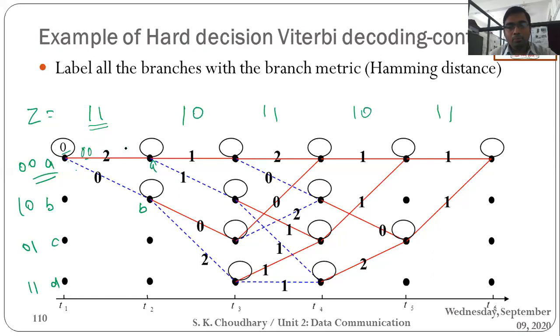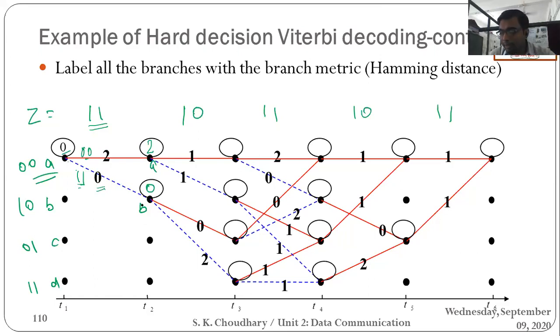So 0 plus 2, you mention 2 here. Now when you receive the input 1, you move to node B, and your output is 1 1. As this output coded bit and the received code word are the same, the Hamming distance is 0. So 0 plus 0 is 0.